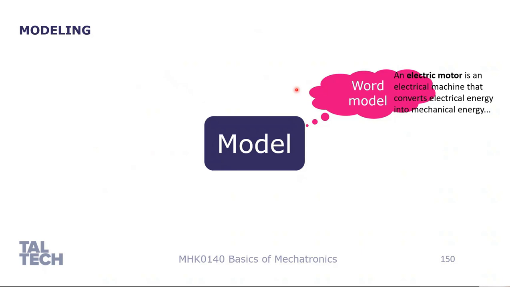The example, if we talk about an electrical motor, is a description of what it's doing. An electrical motor is an electrical machine that converts electrical energy into mechanical energy with use of electromagnetic flows and so on. So this is a description of how we use it.